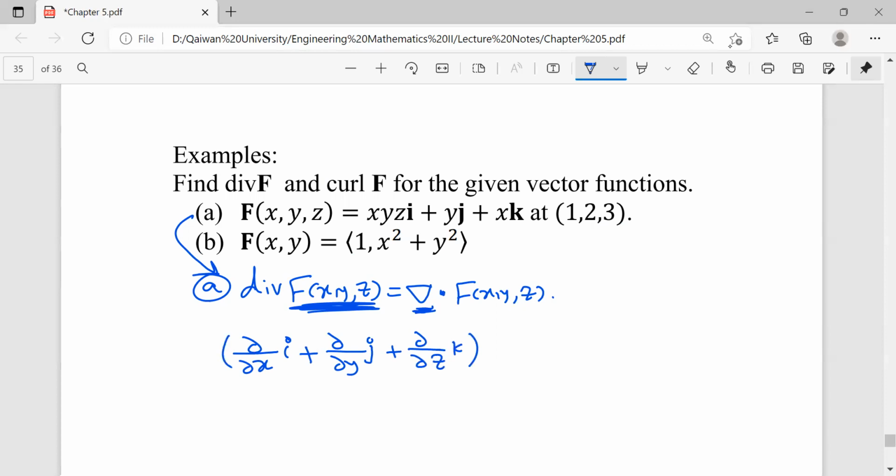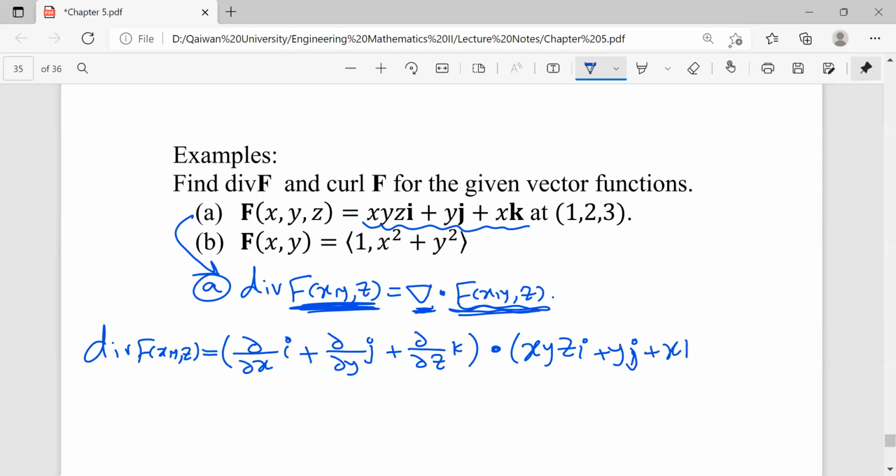The divergence of F of x, y, z is the dot product of this with the given vector field, xyz i plus y j plus x k.